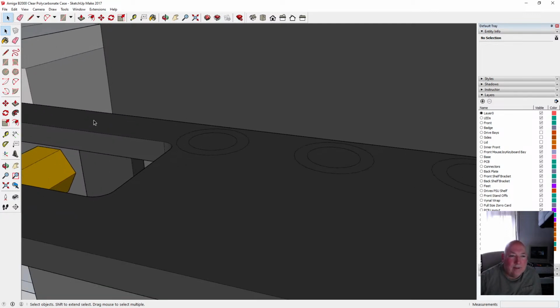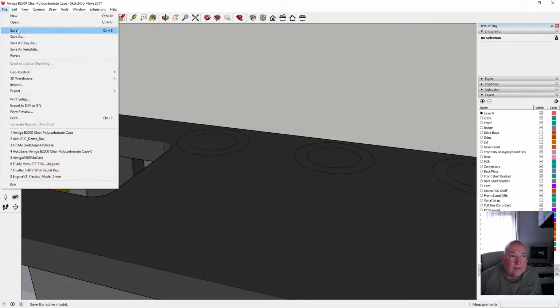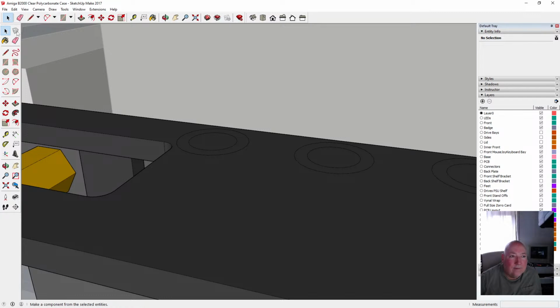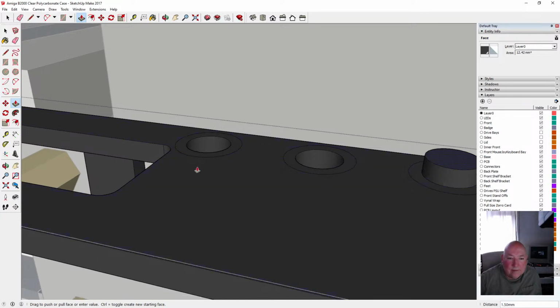So I go into this. I'll save it. Yeah, so we'll hollow it out. Then we'll grab this and move it in.